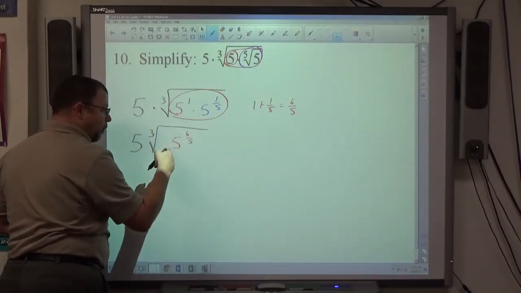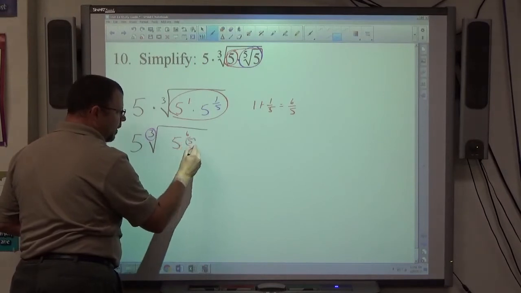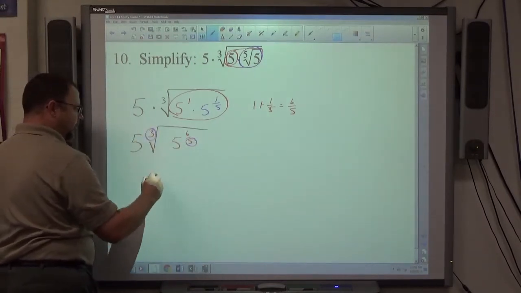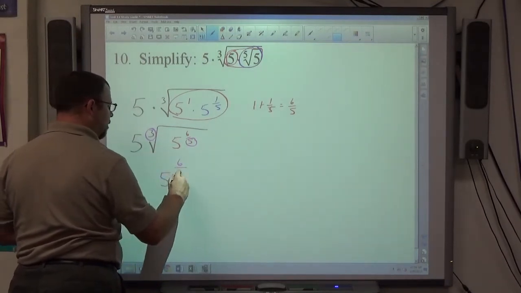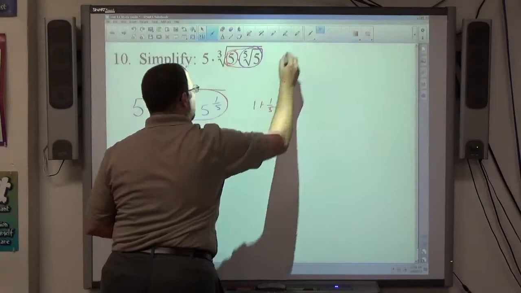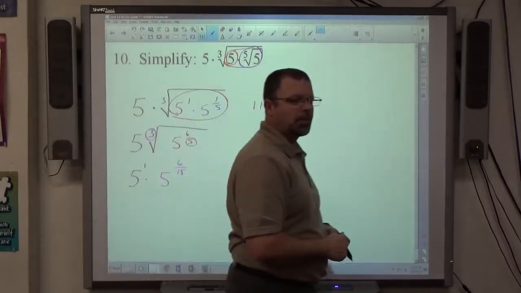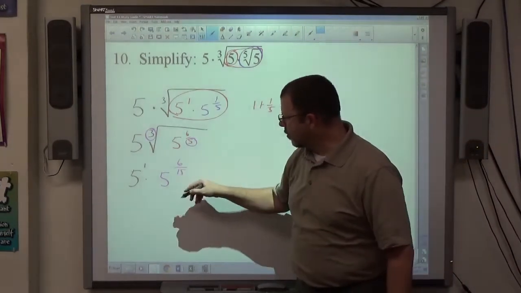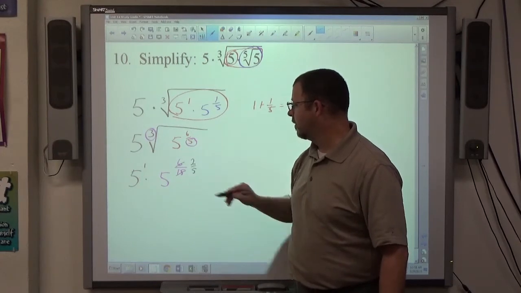Once I get to this point, single object in the radical, now I take the root, the index, times the denominator to get this whole thing fixed. So 5 stays 5, 6 stays 6, 3 times 5 is 15. That's still being multiplied by the 5 that's out here, which happens to be to the first power. Now, this does reduce. It's worth doing. Divides by 3 down to 2/5.